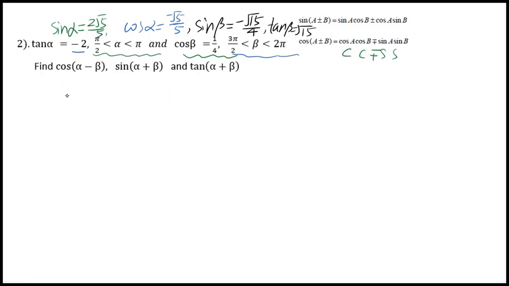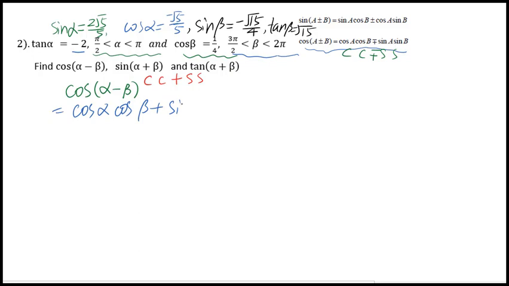Now we can work out cosine alpha minus beta. It will be CC plus SS according to this formula. So we have cosine alpha cosine beta plus sine alpha sine beta.